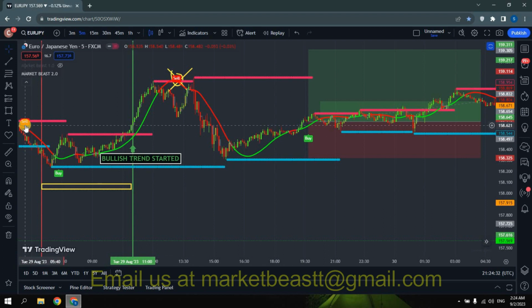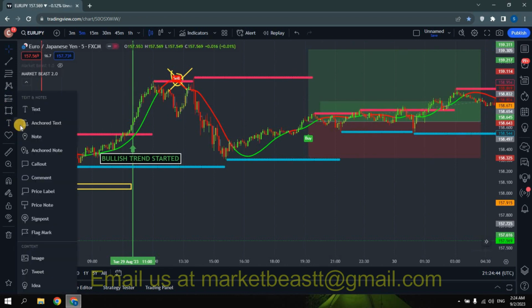We got the sell signal here, but we are not going to take this because we got into bearish trend from here on this red line. Let me mark it as well.